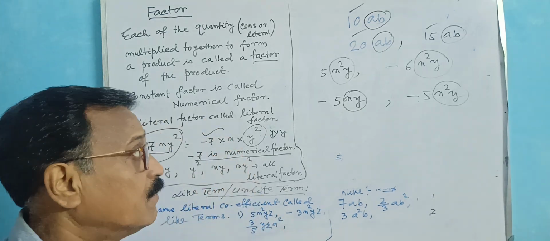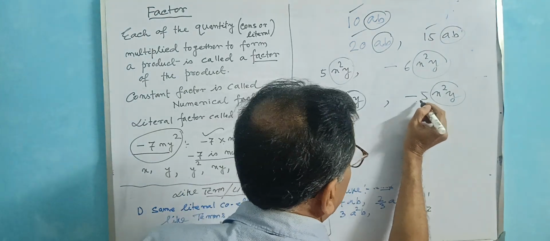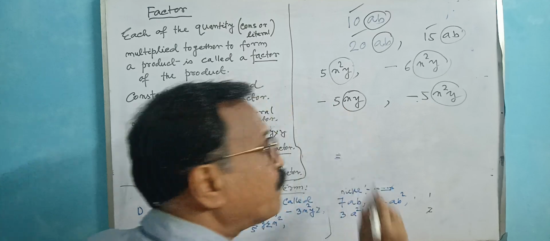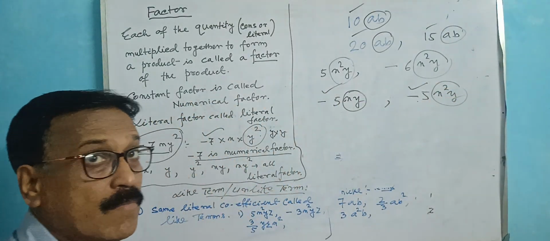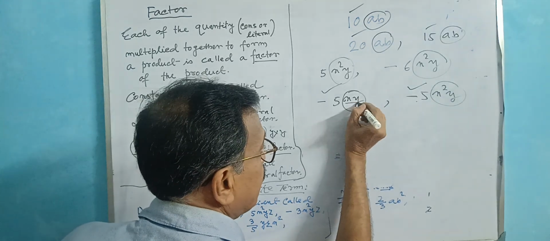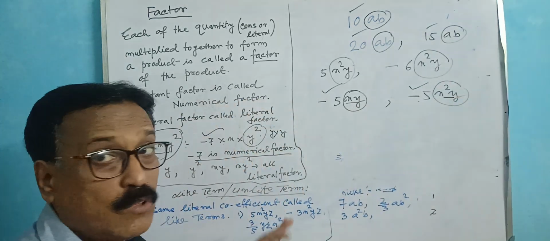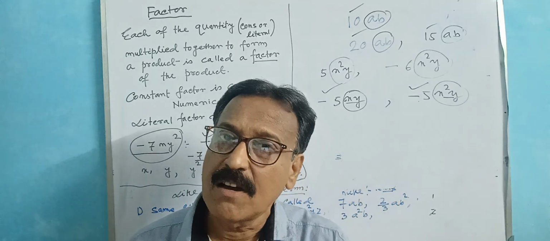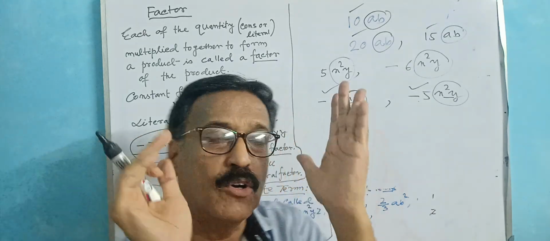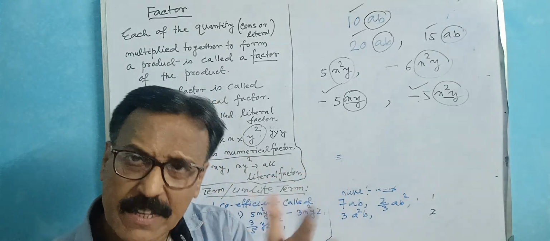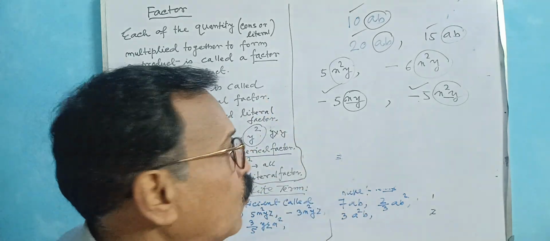It is not the same. Maybe the numerical part, minus 5, is the same, but the literal part here is xy, here is x square y. So in case of like term and unlike term, you just choose whether the literal part is the same or not. Numerical part may be different.